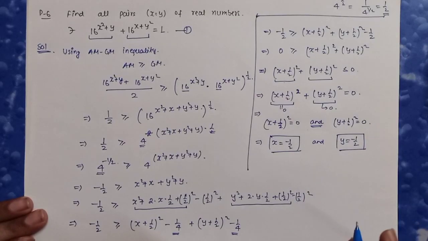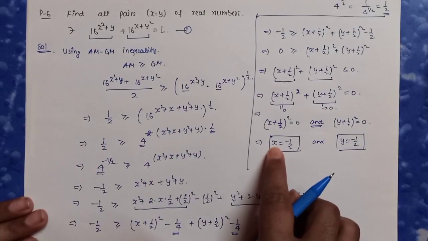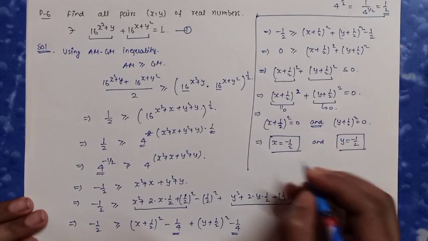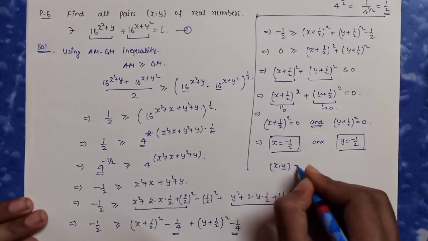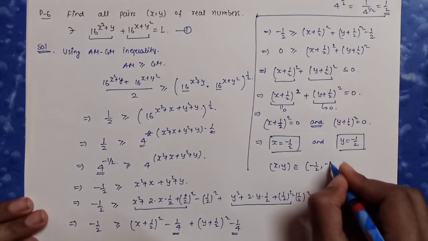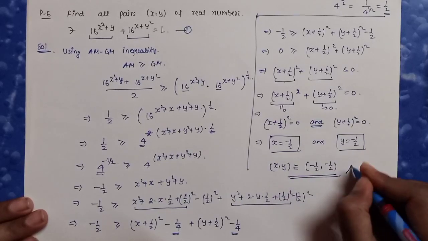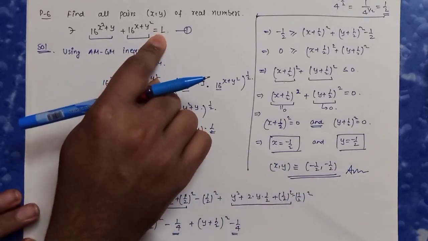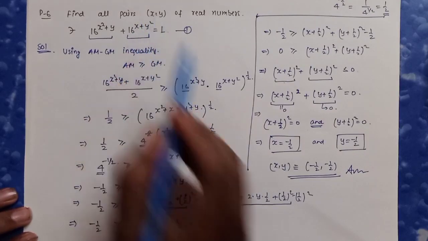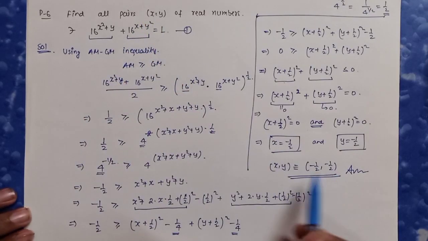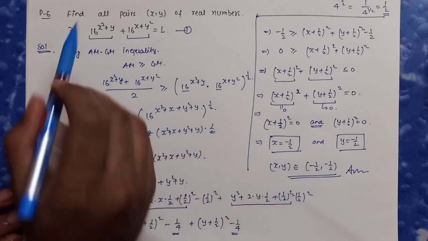So we are going to get only one pair, because we have only one value of x and only one value of y. So only one such pair exists, which is minus half comma minus half. This is our answer to this problem, and the pair of x comma y is minus half comma minus half.